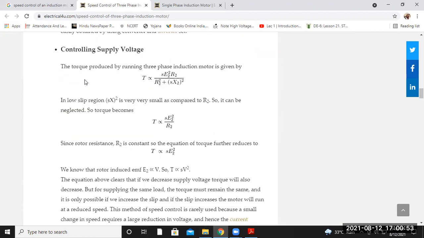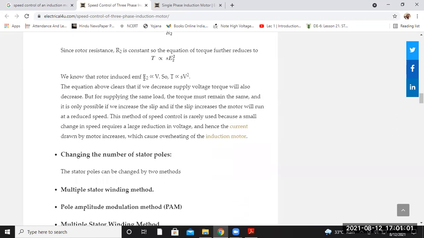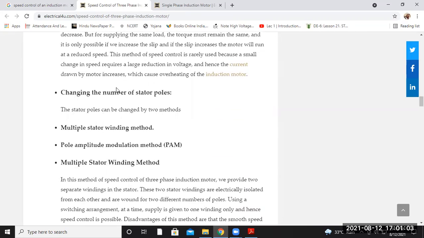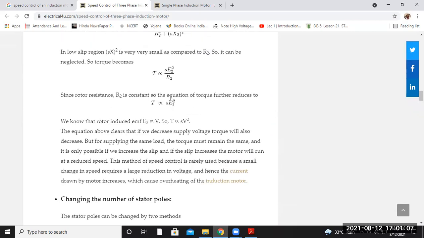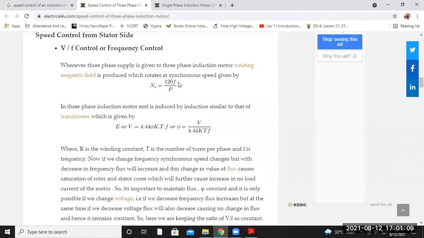Now the second method is controlling the supply voltage, which we discussed in the last class. The third one is changing the number of stator poles. This is related to the equation N is equal to 120 F upon P. If we change the number of stator poles, the speed will vary.